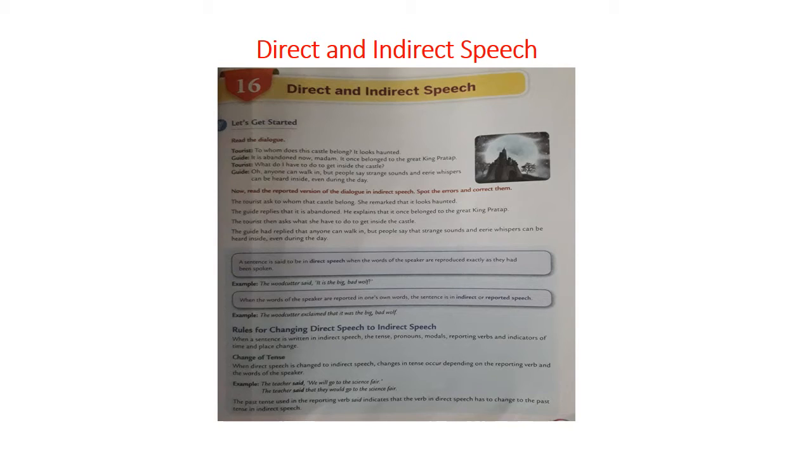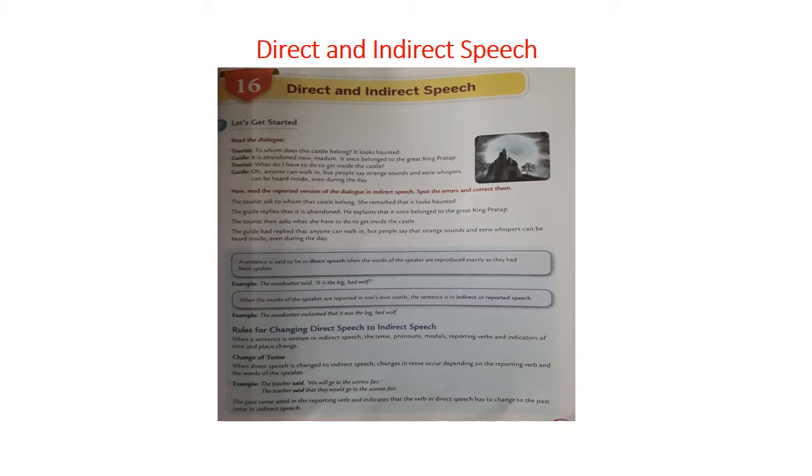Again, in direct speech, a comma separates the introductory part and the exact words of the speaker. There will be a comma between the reporting verb and the reported speech. But the indirect speech has a conjunction "that" which is used to join the introductory part to the reported part.